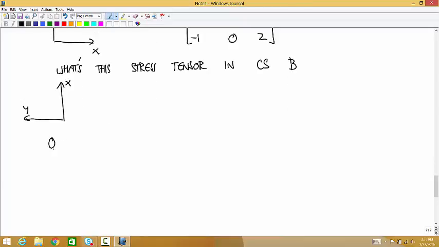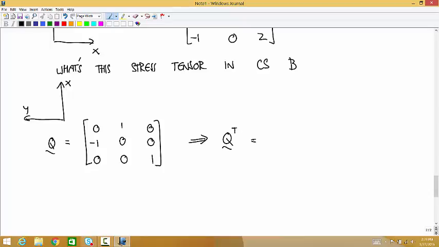Well, Q is equal to 0, -1, 0, 1, 0, 0, 0, 0, 1. So Q transpose is equal to 0, 1, 0, -1, 0, 0, 0, 0, 1.